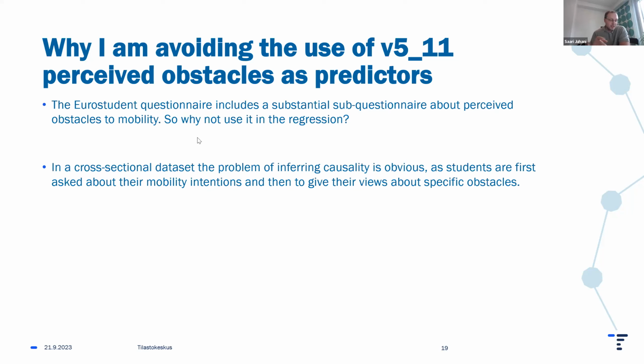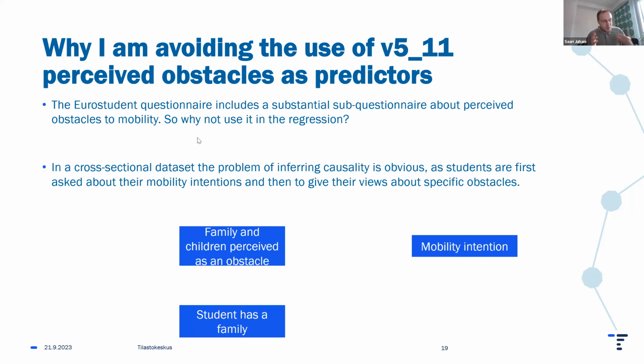So this implies that the students who are reporting that they have some intentions of studying abroad might be justifying their previous answer in the motivational factors that are asked afterwards. I'm not saying that this is not a valid measure, but just in terms of causal inferences, you might be observing dual causality. So not only that motivation leads to action, but also action might be leading to motivation. So that's the reason why I'm refraining from doing this.